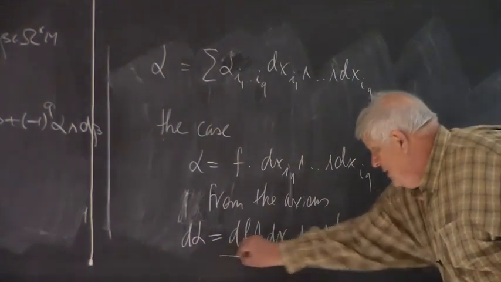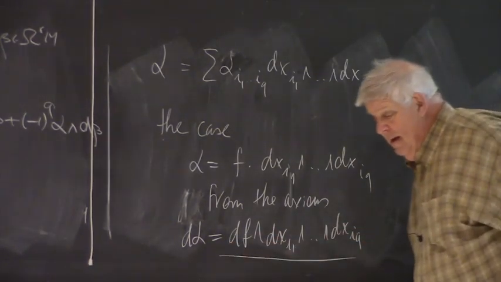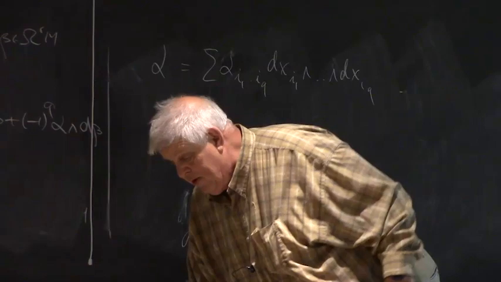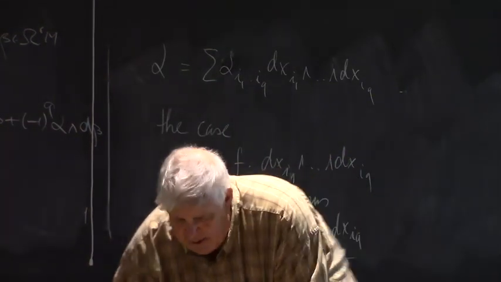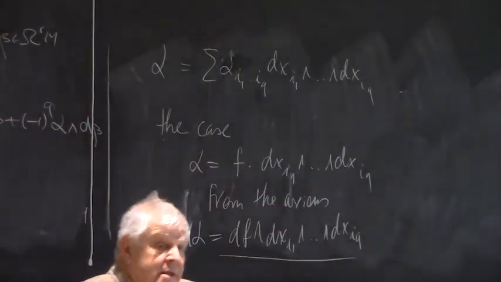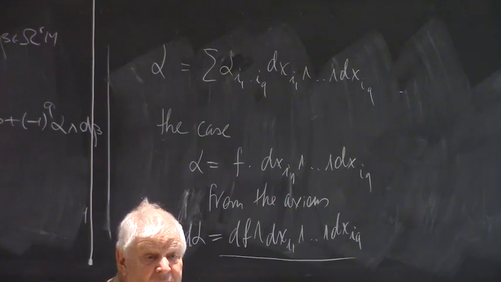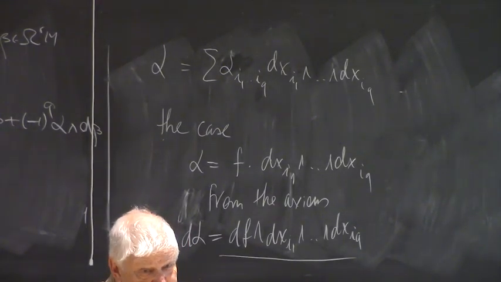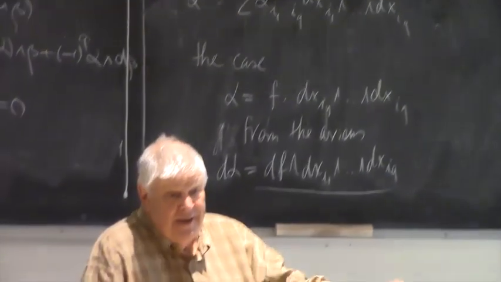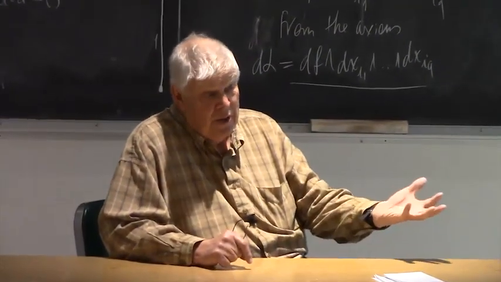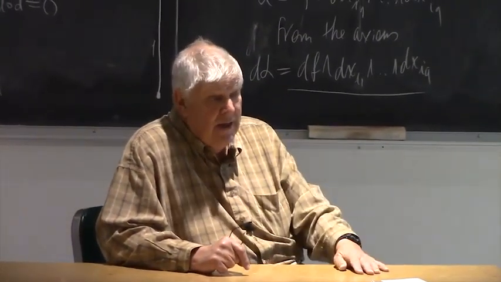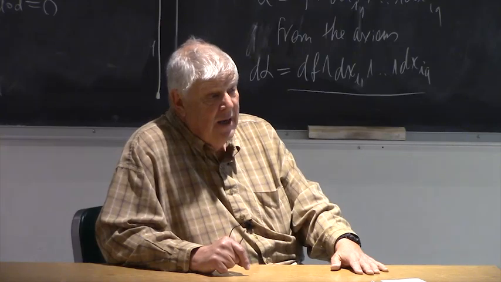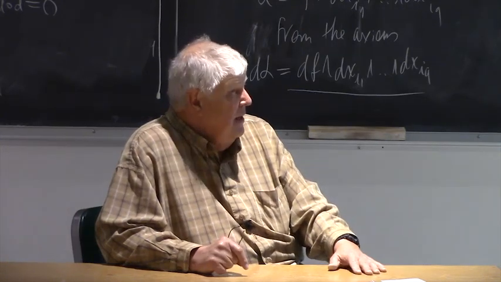So this is the formula. And since we know what df is, we can conclude that at the very least, my axioms determine the differential uniquely. Because we can compute the differential of an arbitrary locally given form, but it is a local operation.